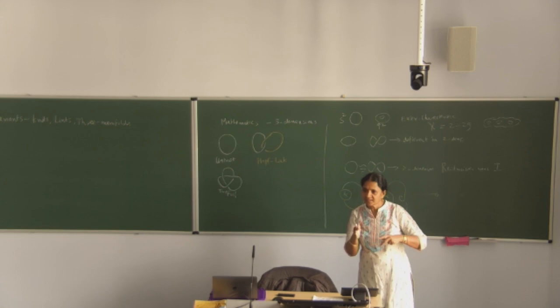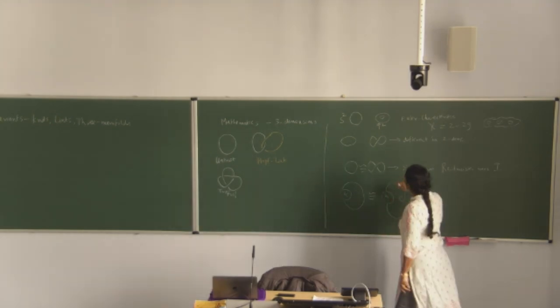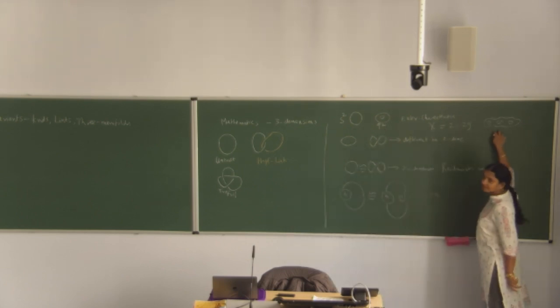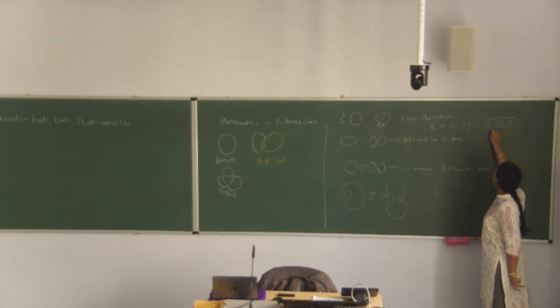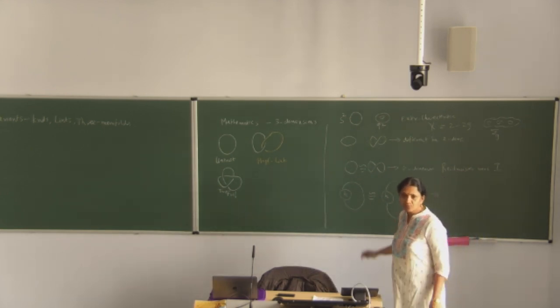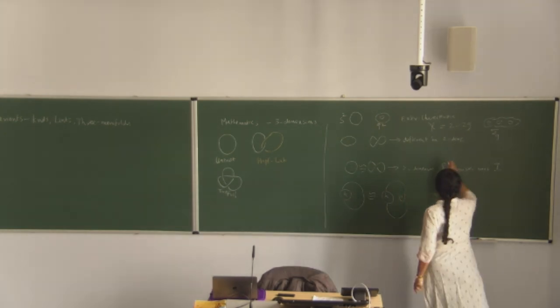As long as you don't cut and paste, you can make them topologically equal. Okay, so the topology of S2 is different from T2, and these are sometimes called a genus g Riemann surface, denoted as sigma g. Okay, so these 2D surfaces can be distinguished by the simple quantity.